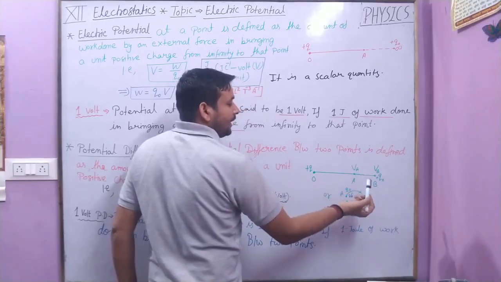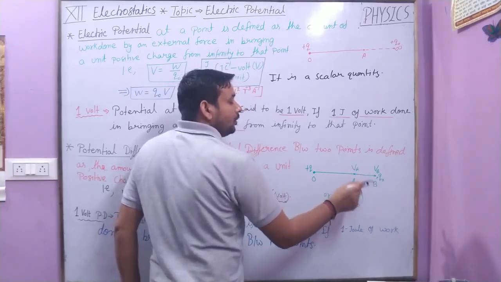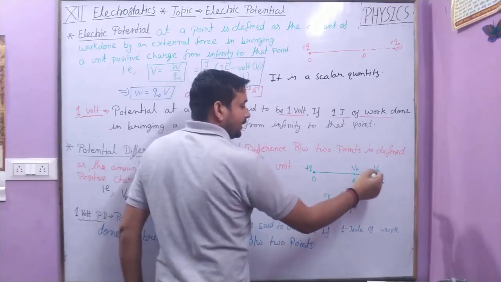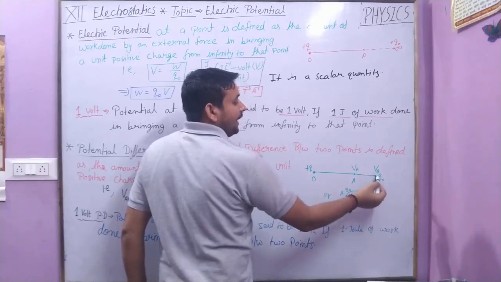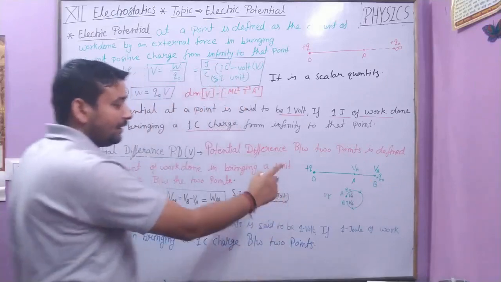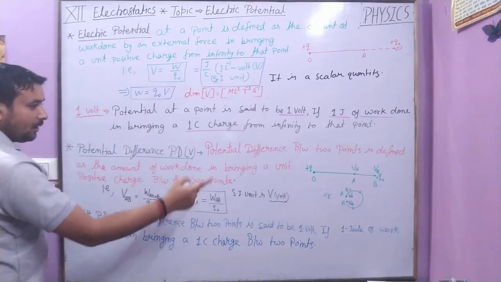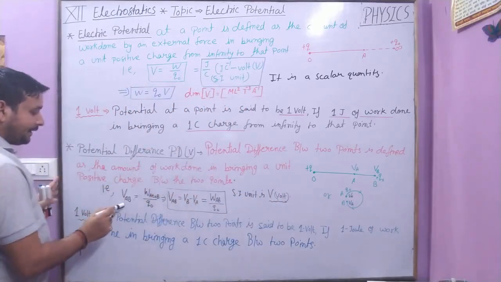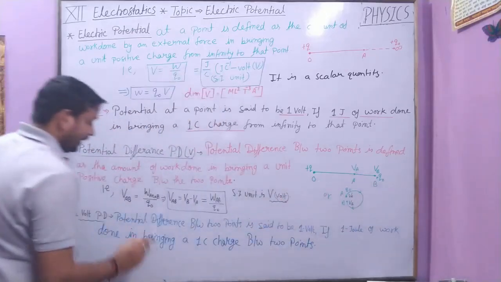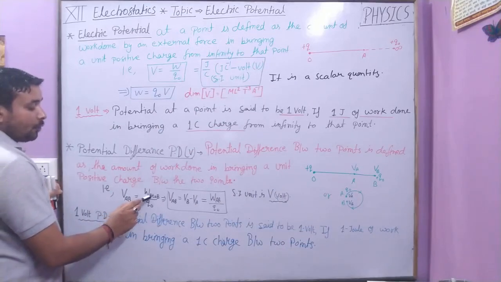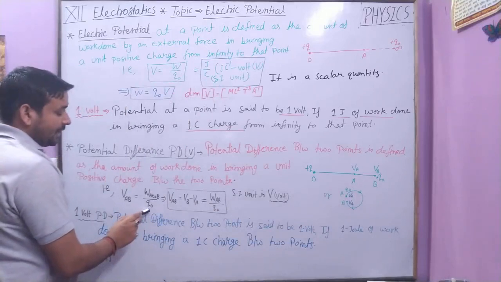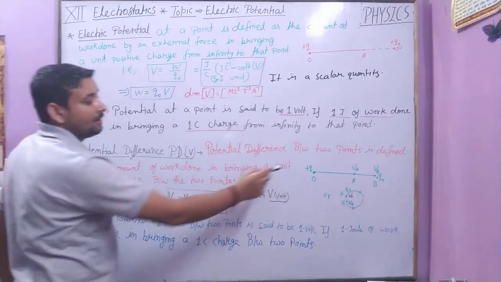So we observe that there are two locations, so there are two potential energies due to their particular locations. The potential at B is VB and the potential at A is VA. We can represent it mathematically like this. Potential difference VAB is equal to the work done from A to B in bringing a charge Q naught against the force.